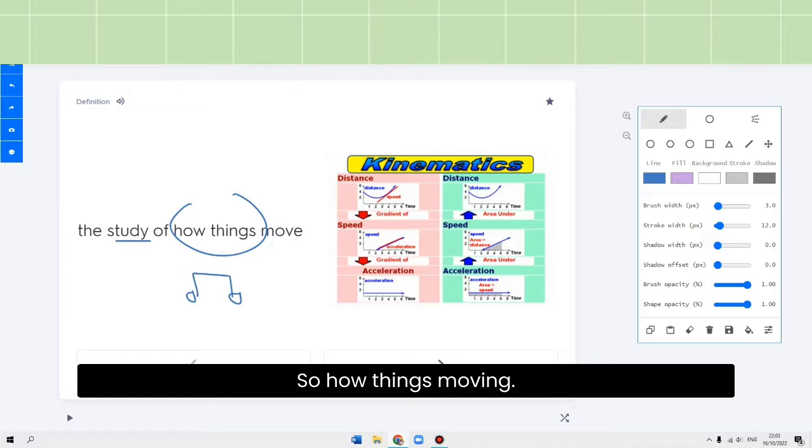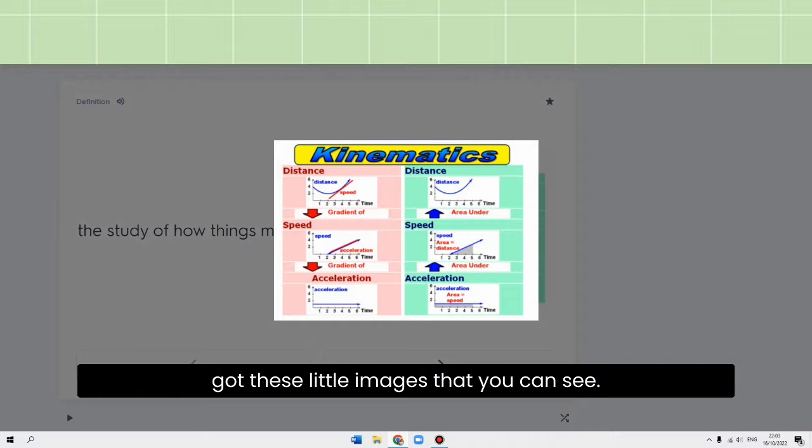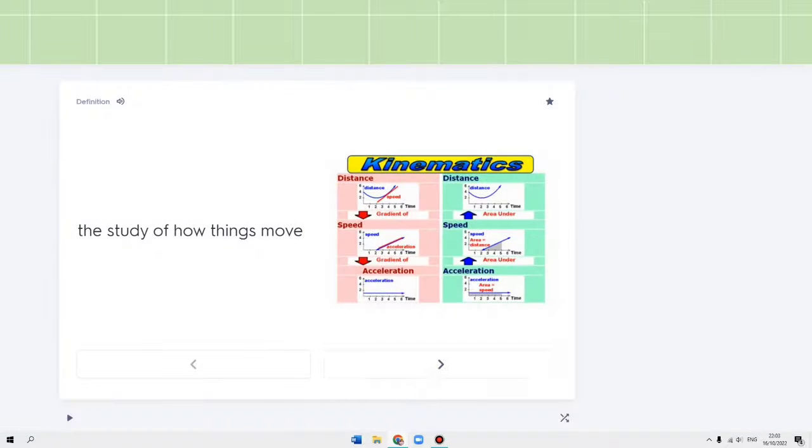As you can see from the little images here, kinematics is very closely related to distance, speed, and acceleration, so that you can see the graph yourself.